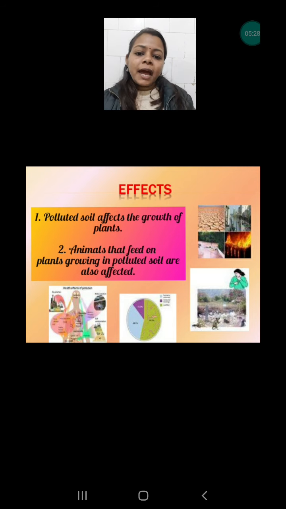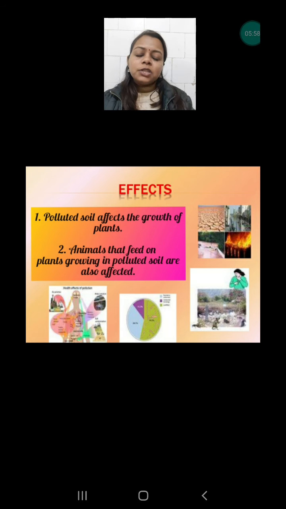Second effect, animals that feed on plants growing in polluted soil are also affected. Just now I explained and I told you, if any soil has a large amount of chemicals and fertilizers in it, and we are growing any plant there, then that chemical will be absorbed by the root, and definitely it will be present in the vegetables or fruit growing in that land.